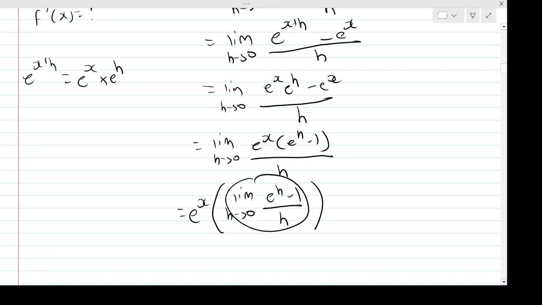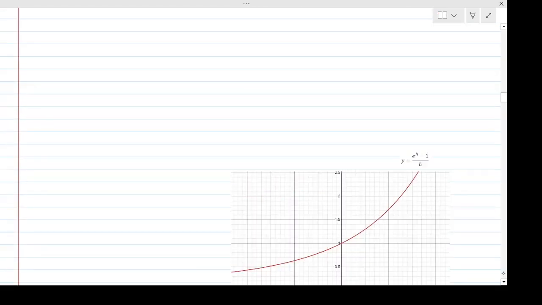So we're still going to work this out. I'm not going to do it a proper way. To do it properly, more formally, algebraically, you'd have to look at harder maths, which we won't do. But what we can do is just consider the graph of e to the h minus 1 over h, which I conveniently drew down here.